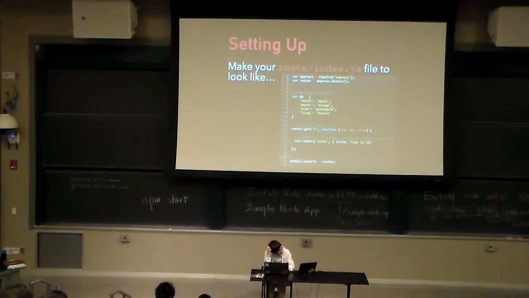Okay, so before we start, let's set up a few things. In your routes directory and file index.js, make it look like this. Create a variable called db, which has whatever pairs of variables you want. Usually, for context, if you want it to make sense, name and fruit.